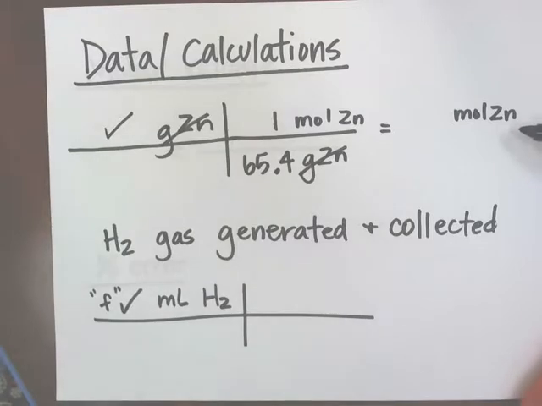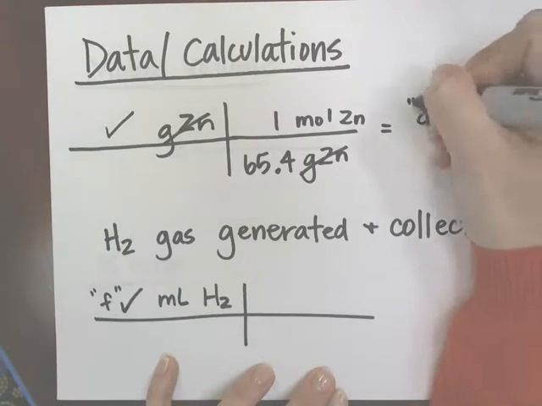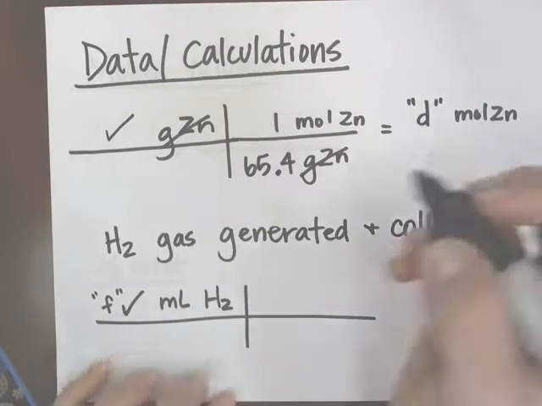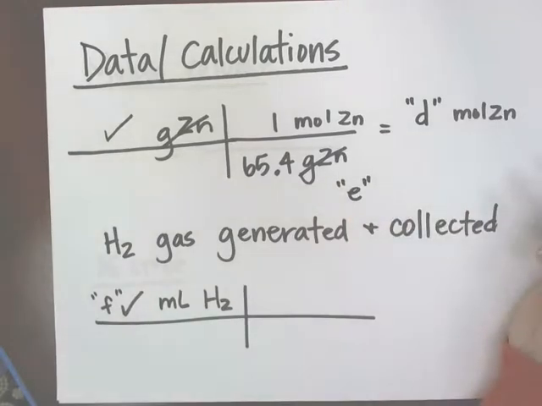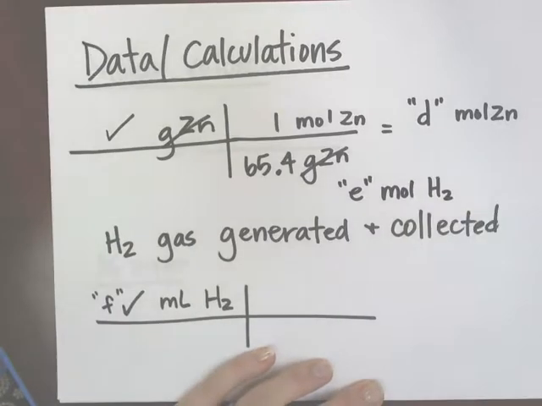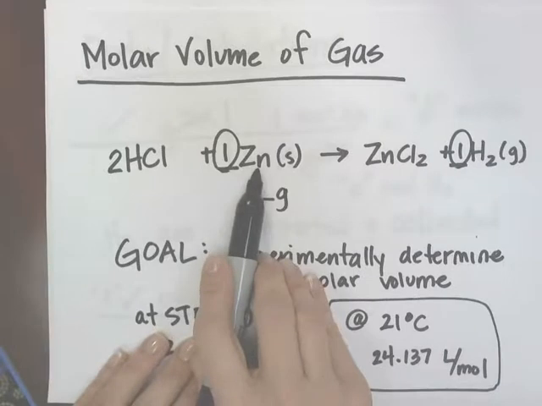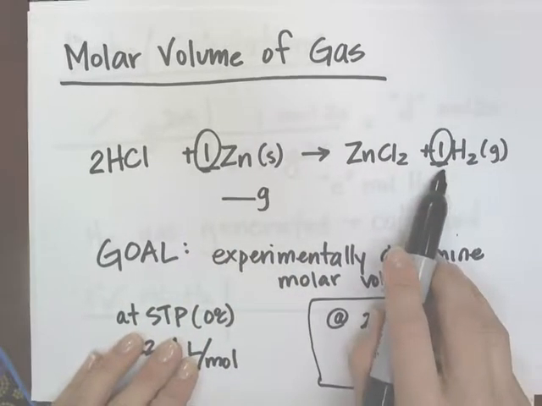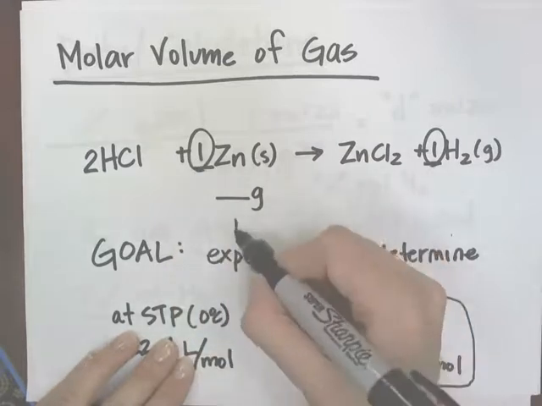Probably the most common mistake students make is in part, let me see, I think you're going to find in part D this value. And then part E, the question is, well, how much hydrogen did you make? Well, if we go back and look at the balanced equation, the number of moles of zinc compared to the number of moles of hydrogen, this is a 1 to 1 ratio.